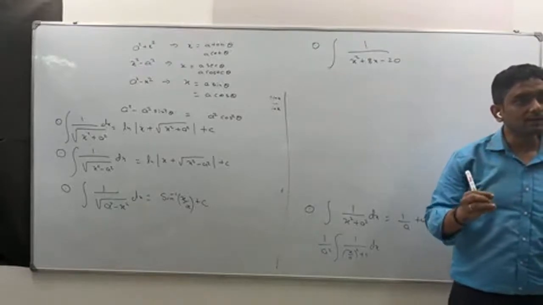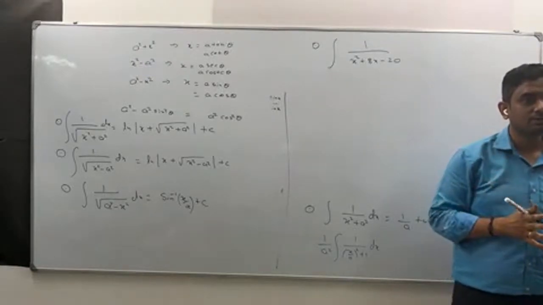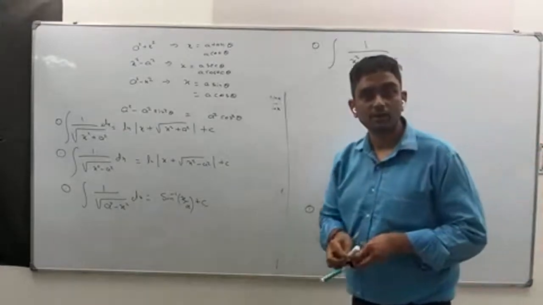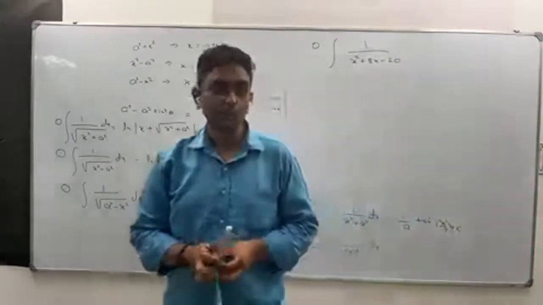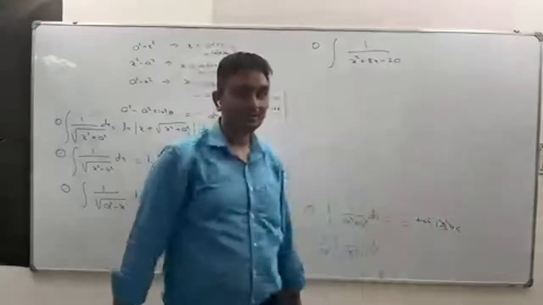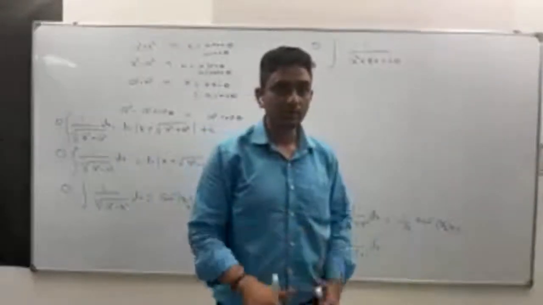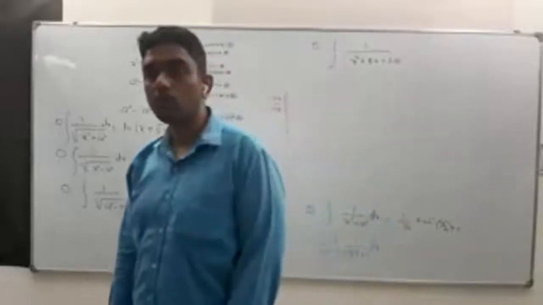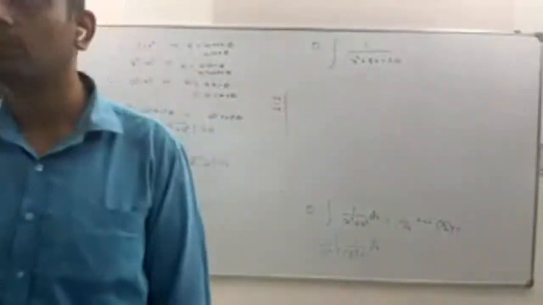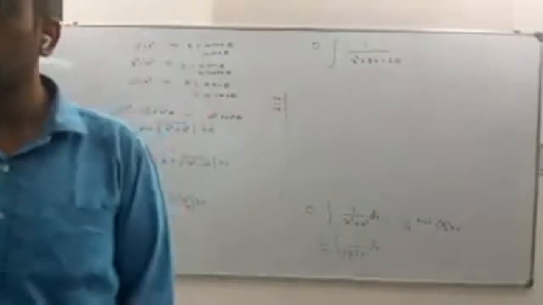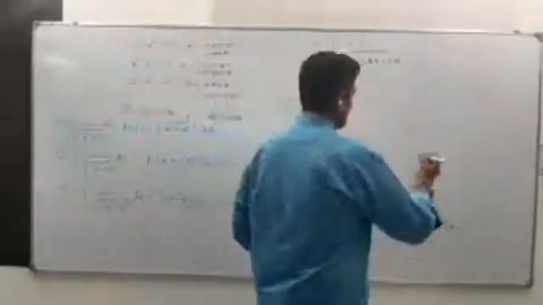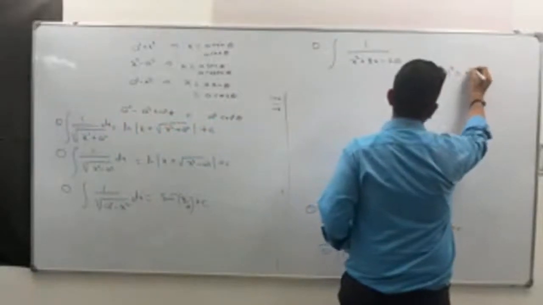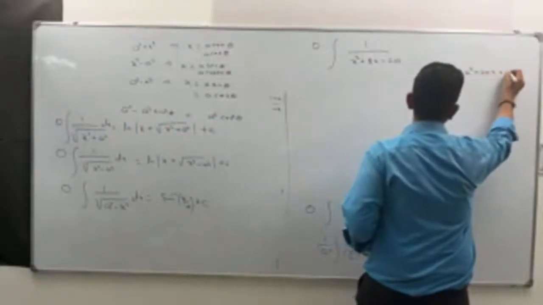That is the thing creating the problem, right? So here it is like making a perfect square. In grade 10 you must have done quadratic equations, making a perfect square. You remember that? Try to make a perfect square of the denominator. You use the formula: x plus a whole square, or x minus a whole square, is x square plus 2ax plus a square.